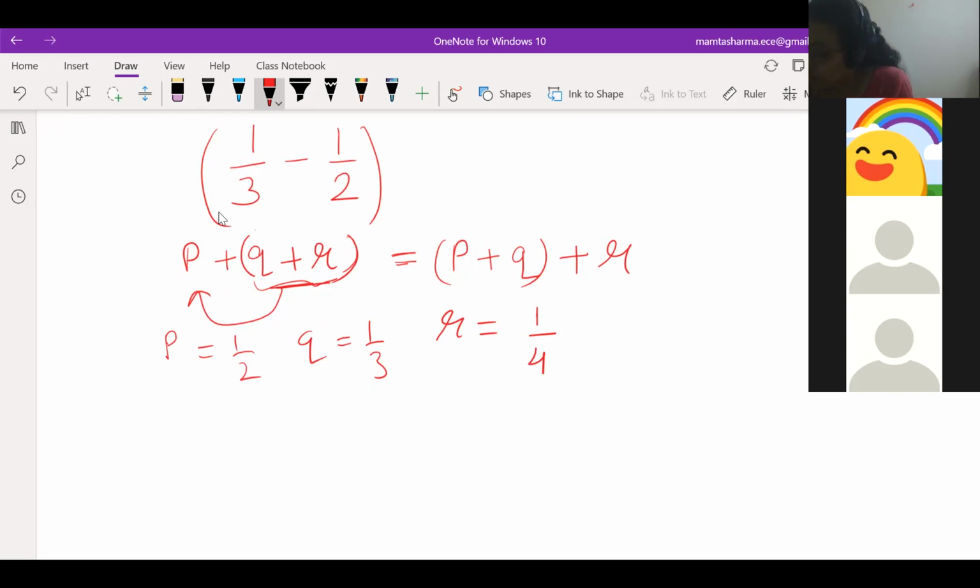Let me know whether these numbers satisfy this property. It satisfies, ma'am. Okay, for the rest of the people, what are you doing? Sohan Ram, is this property satisfied? Yes, ma'am. How?